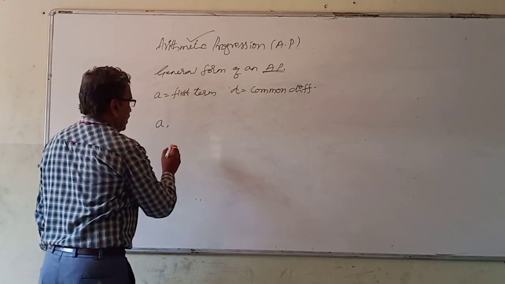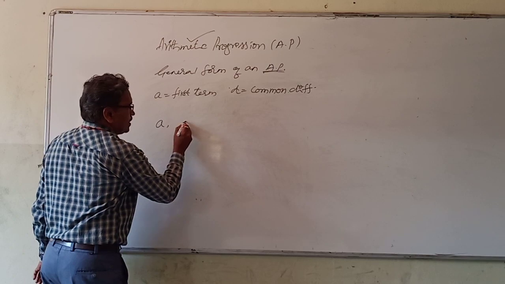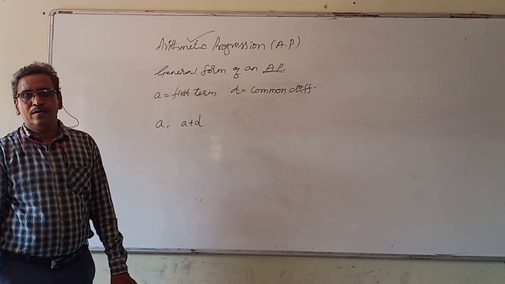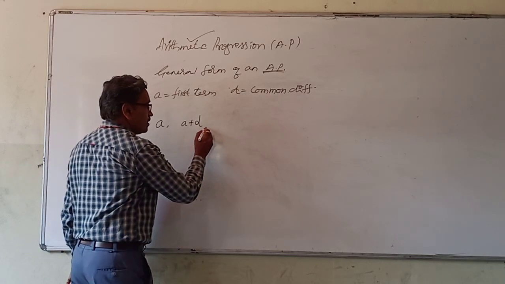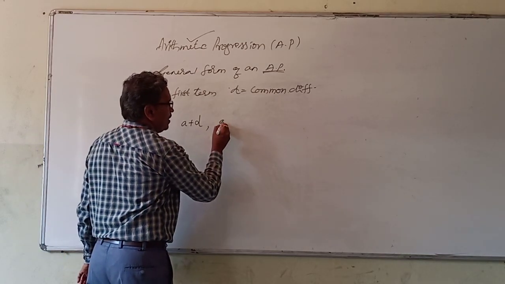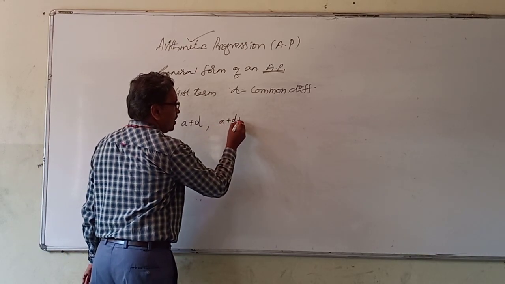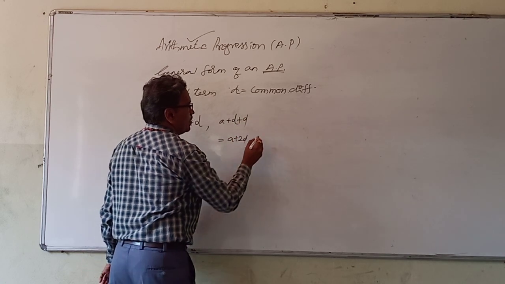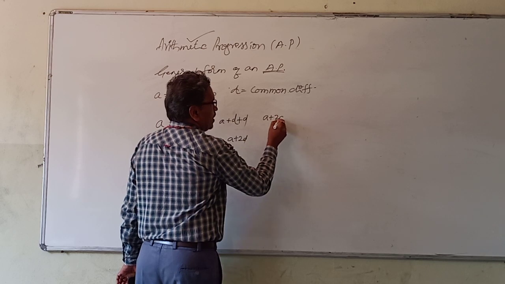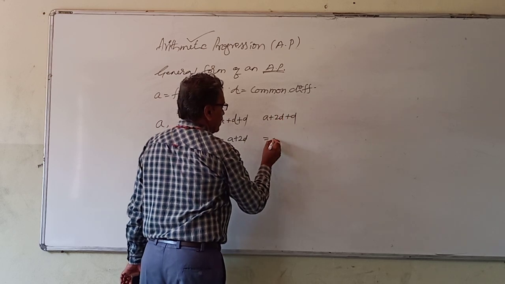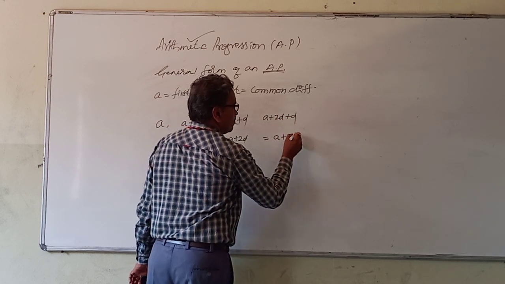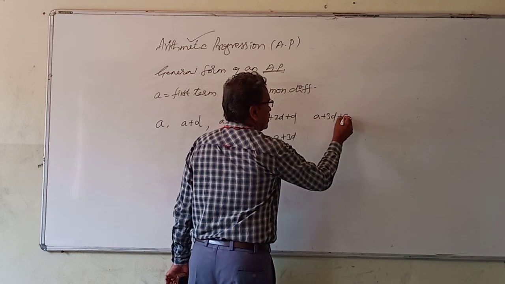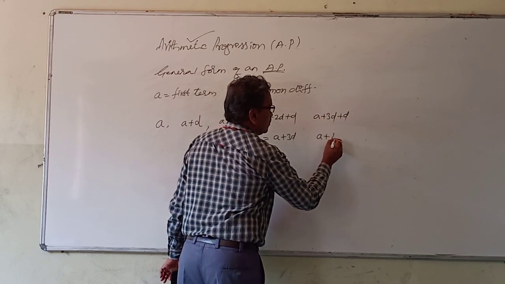Then the difference is added to get the next number, a plus d. Then the third term we get by adding the common difference, which is a plus 2d. A plus 2d plus d, which you can write as a plus 3d. A plus 3d plus d is equal to a plus 4d.